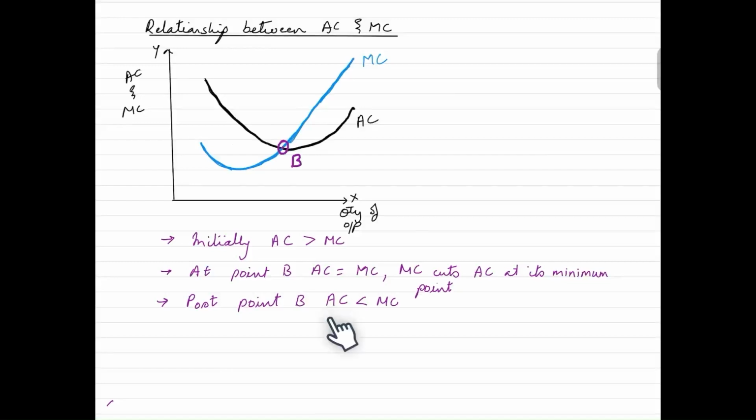Likewise, when the marginal cost curve is lying above the average cost curve, it will pull the average cost curve up. And when marginal cost is equal to the average cost, we'll see that the marginal cost curve is intersecting the average cost curve at its minimum point. So this is how the relationship between AC and MC is supposed to be studied.